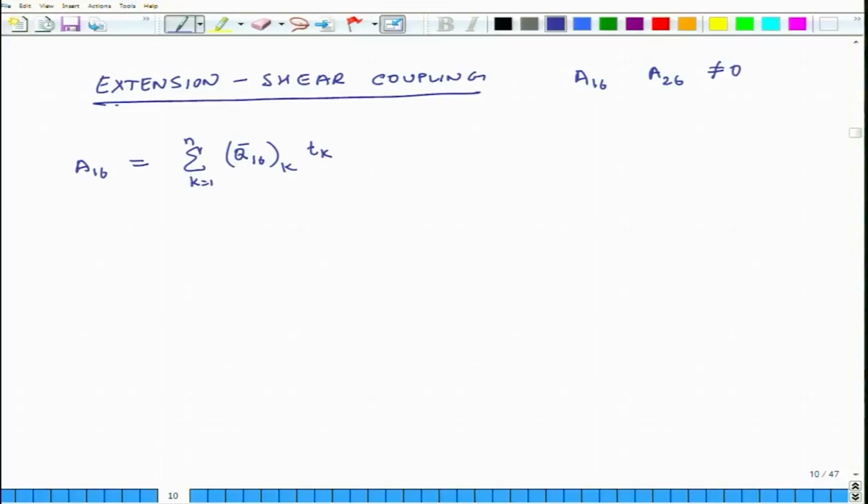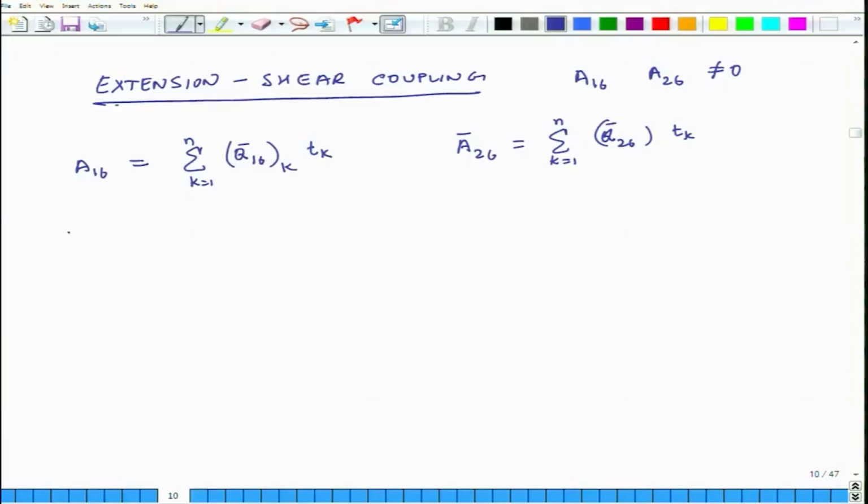And similarly, A26 is equal to the sum over k equal to 1 to n of Q26 bar Tk. Now, there are several ways we can ensure that A16 and A26 are 0. So, there are 2 or 3 approaches.